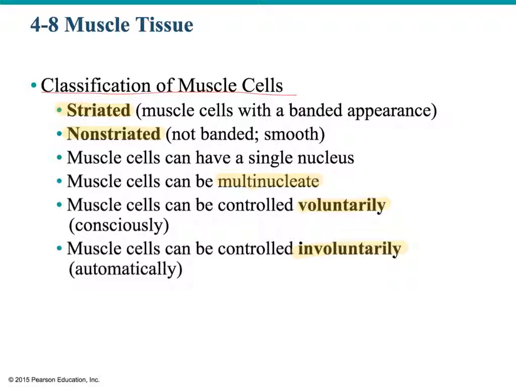Striated. Have we talked about striated before? No. Like striped. Striated, like striped. You ever talk about striations with rocks in geology? No? Okay. But anyways, muscles that are striated will have a banded appearance or a striped appearance.